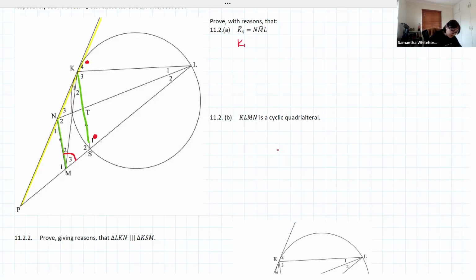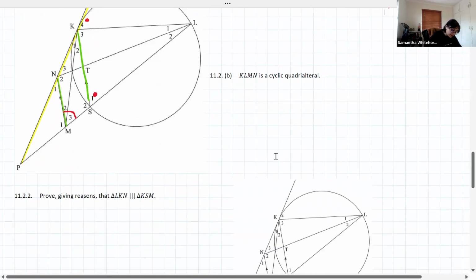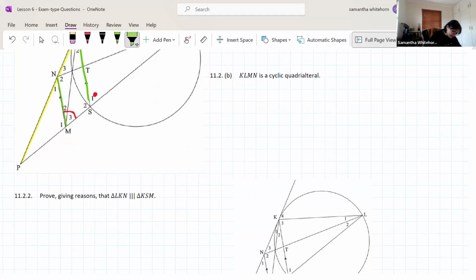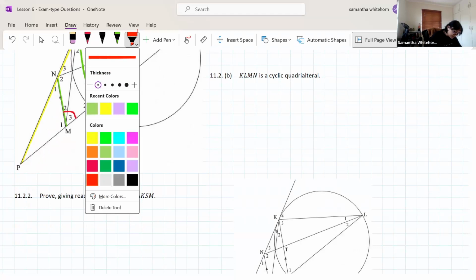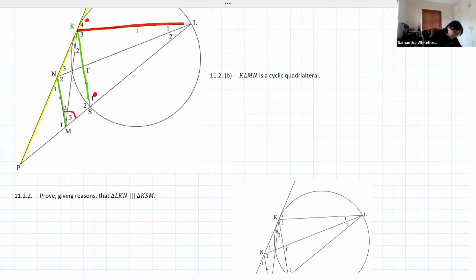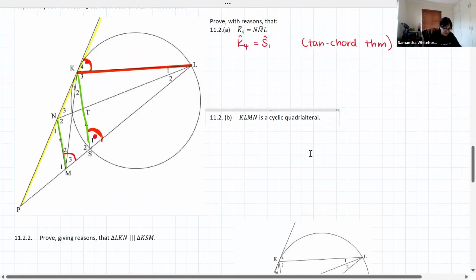So K4 is equal to angle S1, tan chord theorem. That is exactly what Kanisile mentioned, tan chord theorem. Because of the angle created here at K4, that's then equal to S1. There's your tan chord theorem.